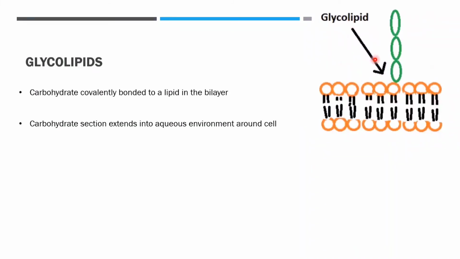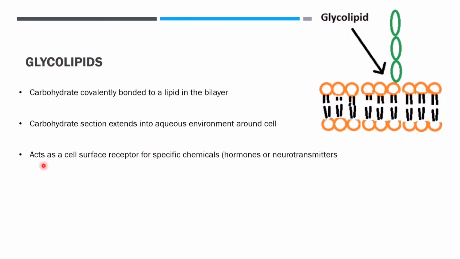So this carbohydrate chain attached to this phospholipid is in the aqueous environment outside of the cell. And these glycolipids act as cell surface receptors for specific chemicals, for example, hormones or neurotransmitters. And this is important as this allows the cell to receive information from the rest of the body.